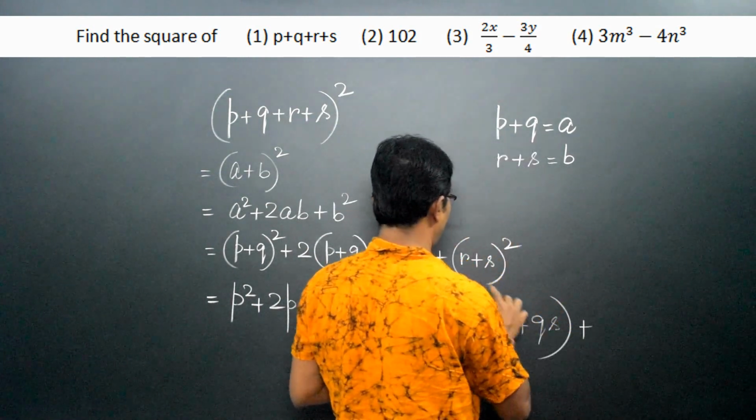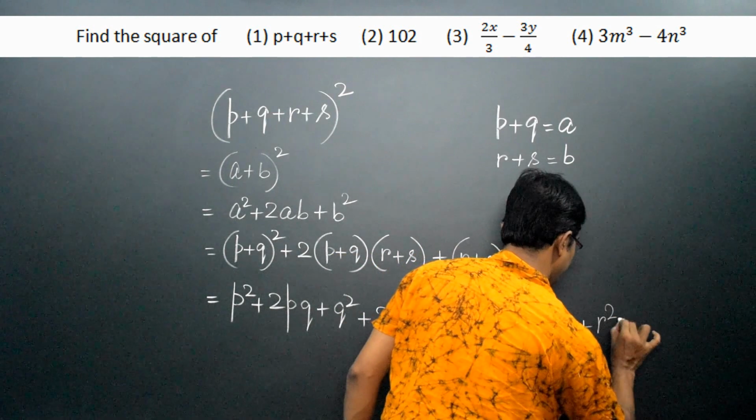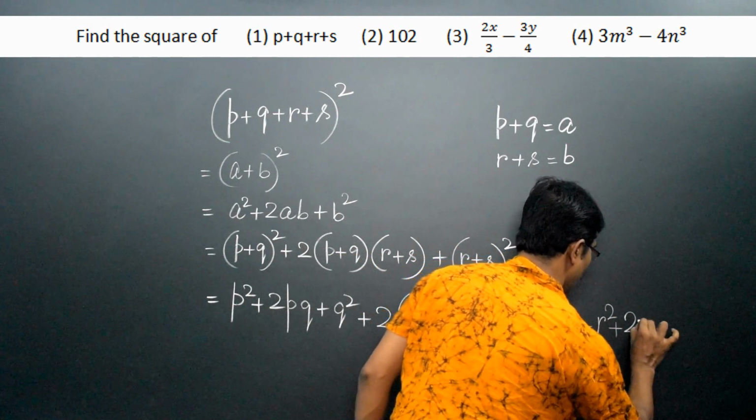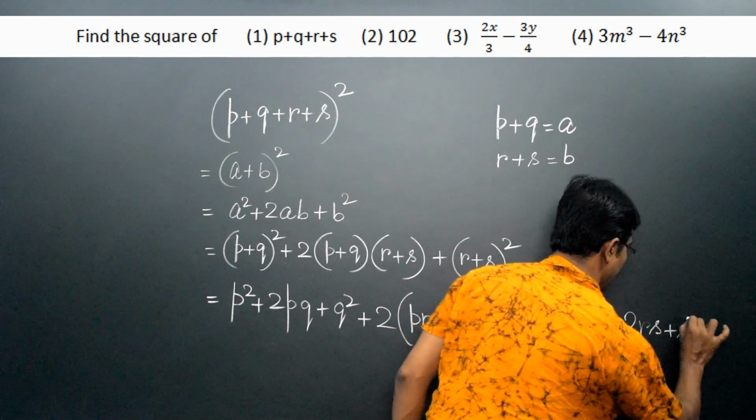This is of the form (a plus b) whole square, so it is a square plus 2ab plus b square.